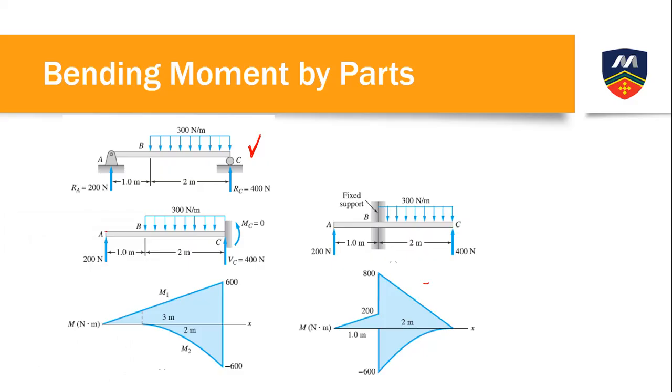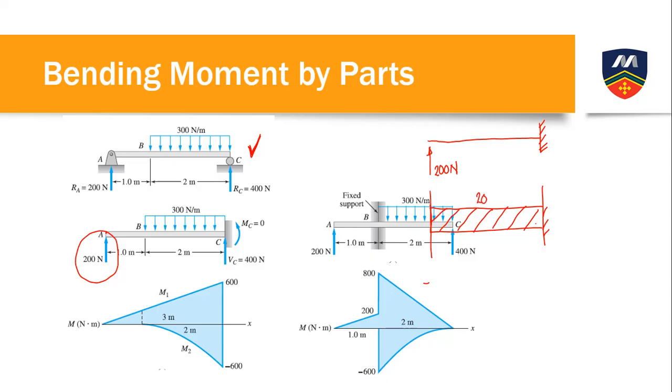So, for example, in this case, 200 Newton. We separate it, if this is our cantilever beam. So we have a 200 Newton reaction at this point. If we draw its shear diagram, the shear diagram of this cantilever, that is 200 Newton.